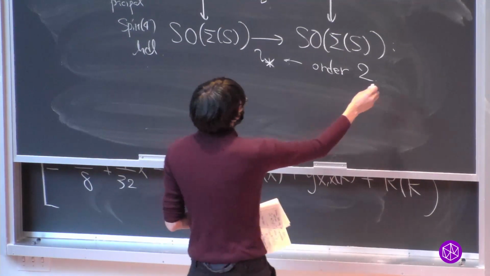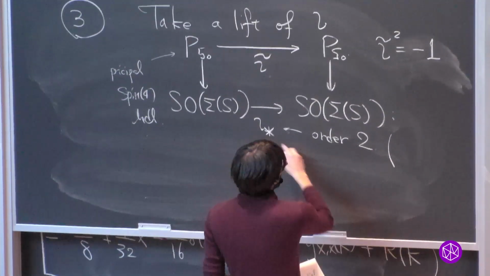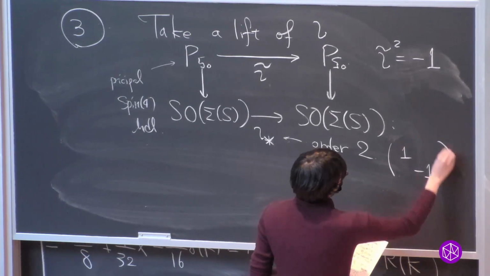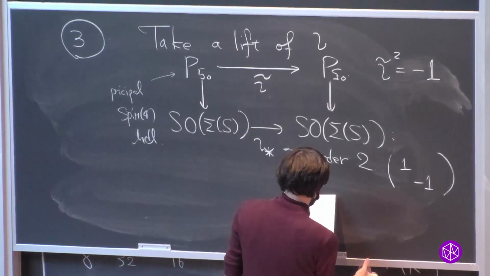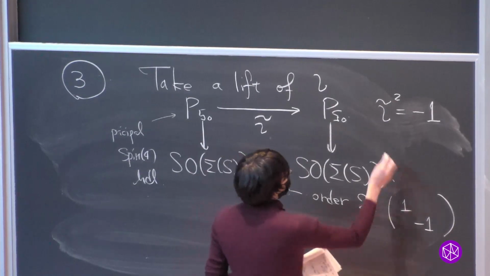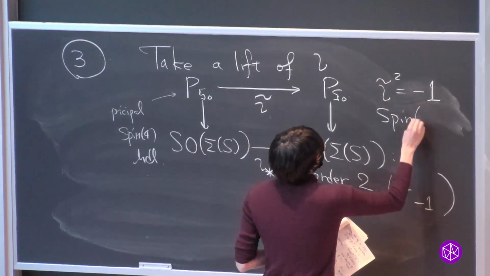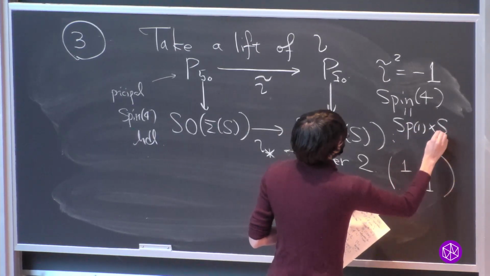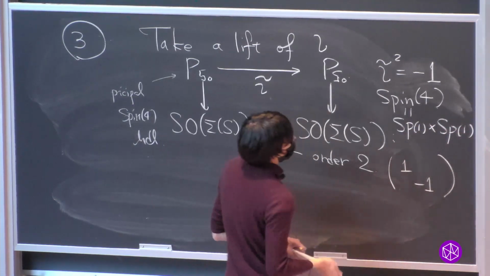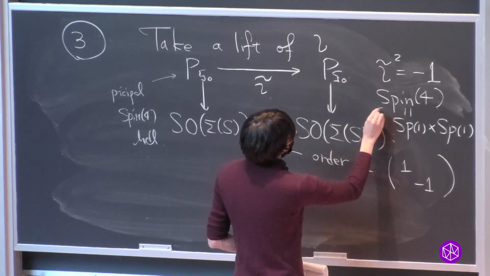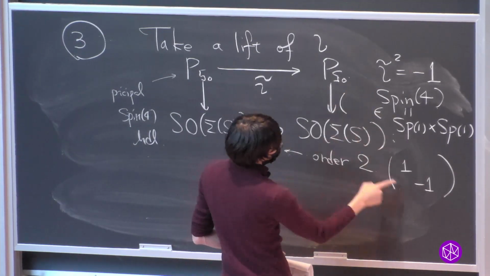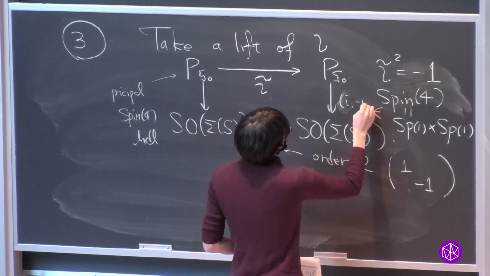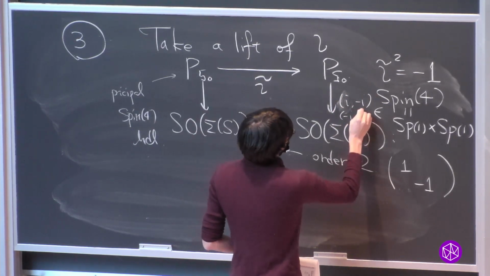So near the fixed point, the involution can be seen as diag(1, -1). And if you consider the lift, and regard Spin(4) as Sp(1) times Sp(1), then you can easily check that the lift of this guy corresponds to i, -i, or -i, i.